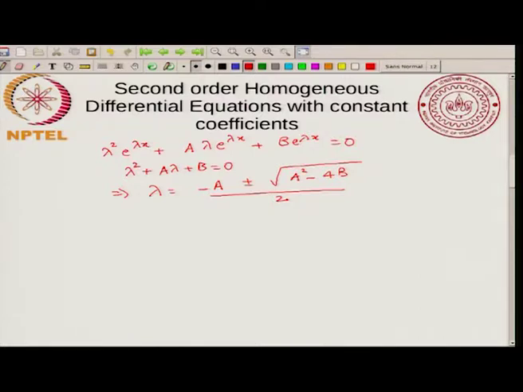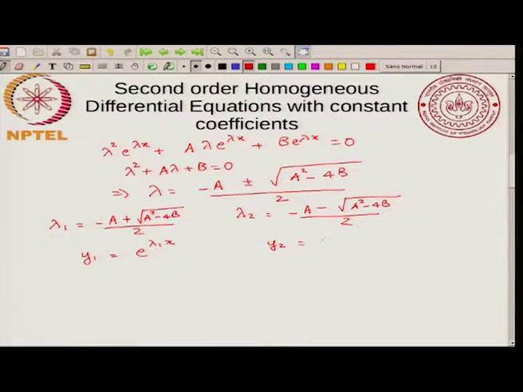I can call lambda 1 as minus a plus square root of a square minus 4b divided by 2, and lambda 2 as minus a minus square root of a square minus 4b by 2. Then I have two solutions. So, I have y1 equal to e to the lambda 1 x and y2 equal to e to the lambda 2 x.